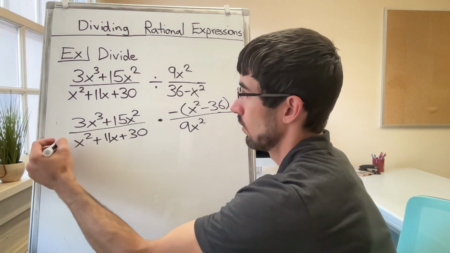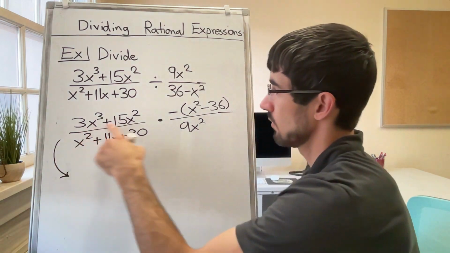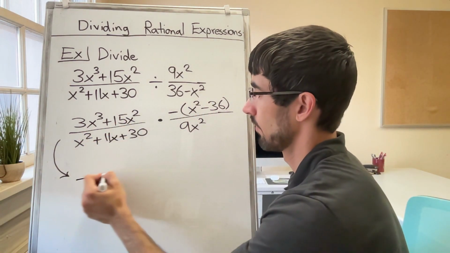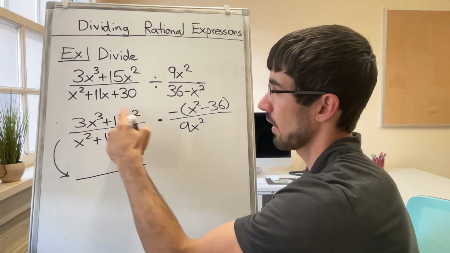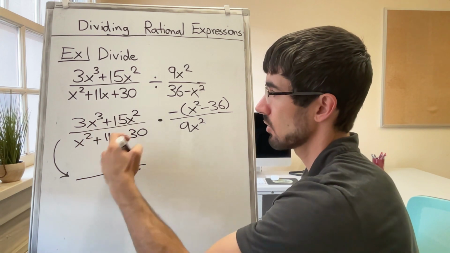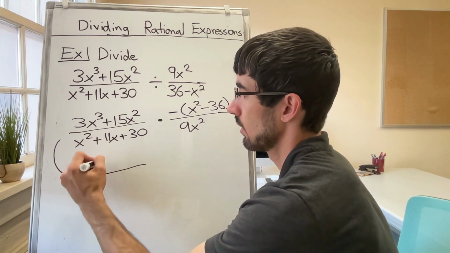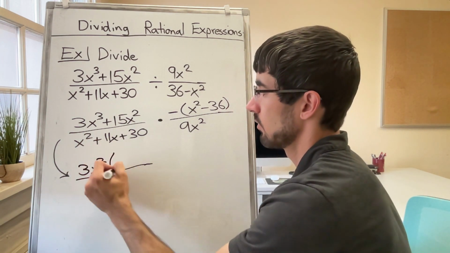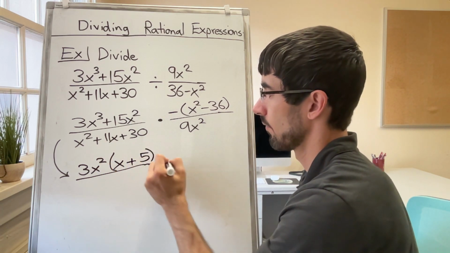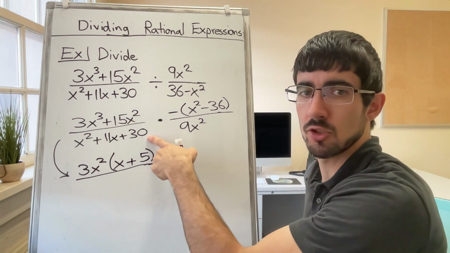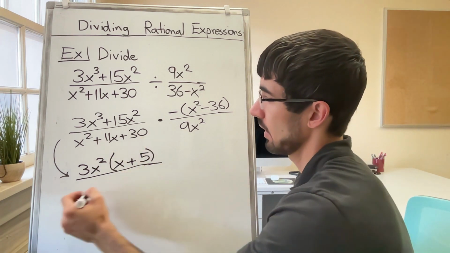So let's look for the factors of each of these expressions. 3x cubed plus 15x squared. Looks like I can factor out a greatest common factor of 3x squared from this expression. So I have 3x squared times x plus 5. This denominator is a trinomial, x squared plus 11x plus 30.